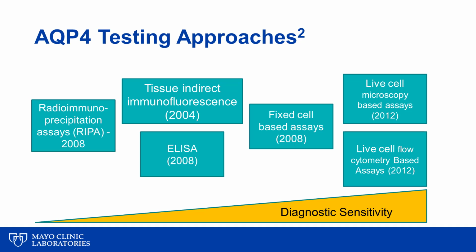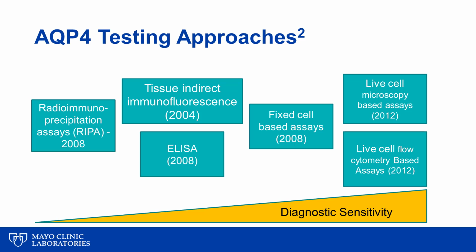After several iterations of these assays, where the performance was reviewed and determined not to be meeting clinical need, we finally arrived at the current gold standard approach to testing, which utilizes live cell assay formats, which we now know provides the highest diagnostic accuracy.